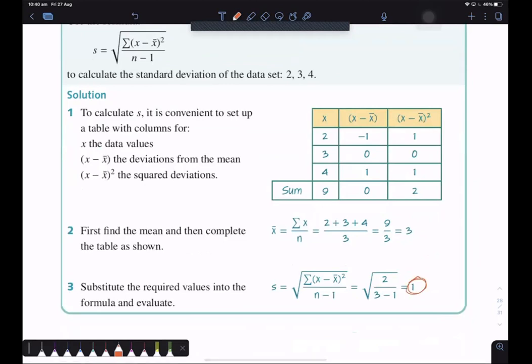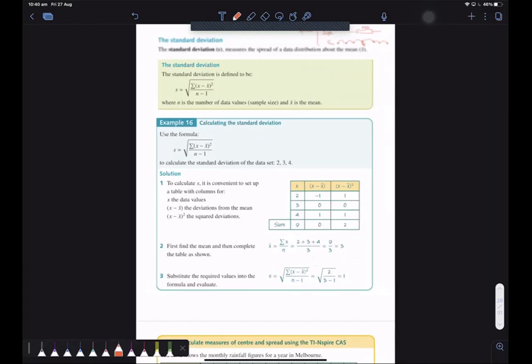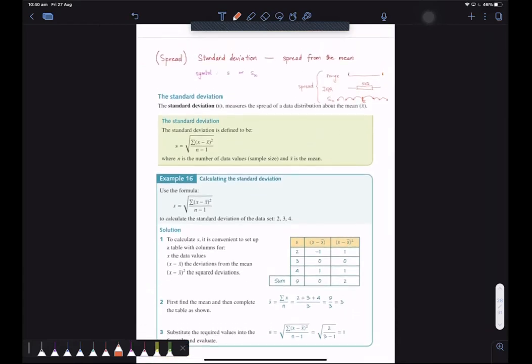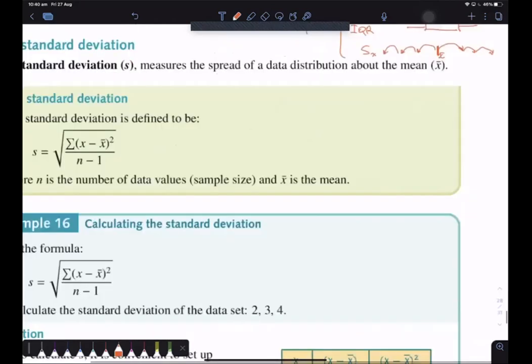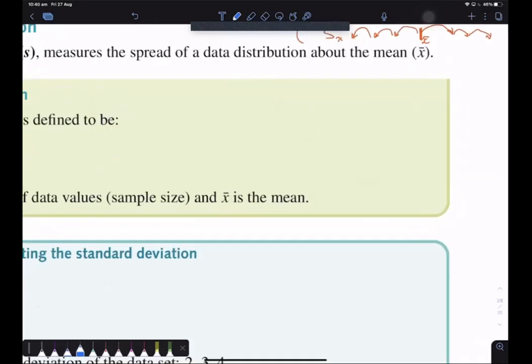So they show you how to calculate the standard deviation by hand, but the main idea that I want you to understand from standard deviation is that you start from the mean, and the standard deviation is how far you jump out from it. Okay, it's the same amount. So that's your standard deviation.